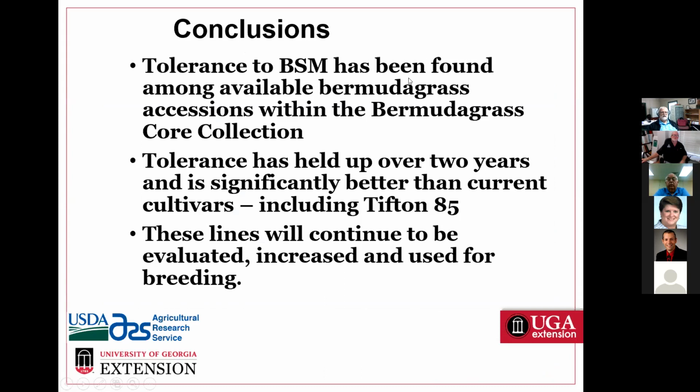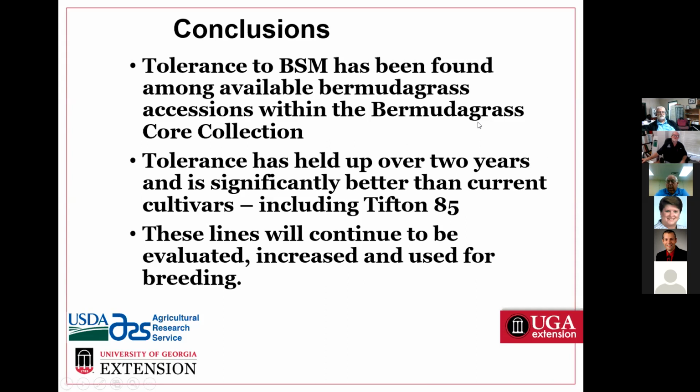So conclusions: tolerance to Bermudagrass stem maggot has been found within the core collection, and tolerance has been persistent and is significantly better than current cultivars. And so those lines will continue to be evaluated and increased for use for breeding. Now, one note, the stargrass materials and those that include stargrass germplasm tend to be less cold tolerant than some of the finer stem materials.